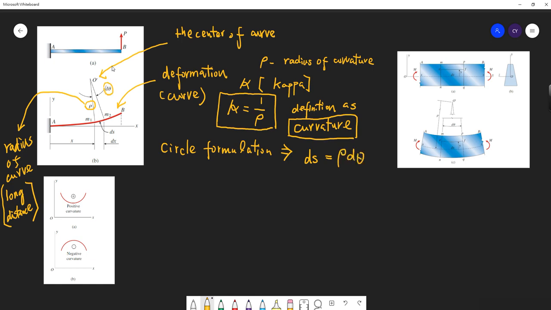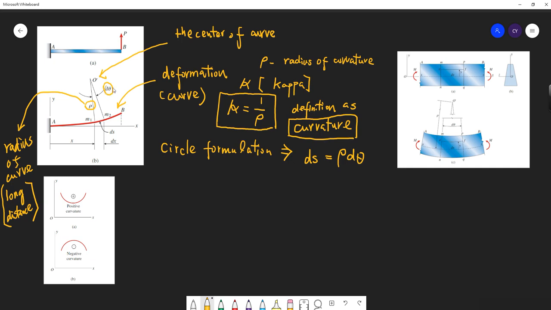D theta is here. D theta is a small angle, and the ds on the curve is a small length.